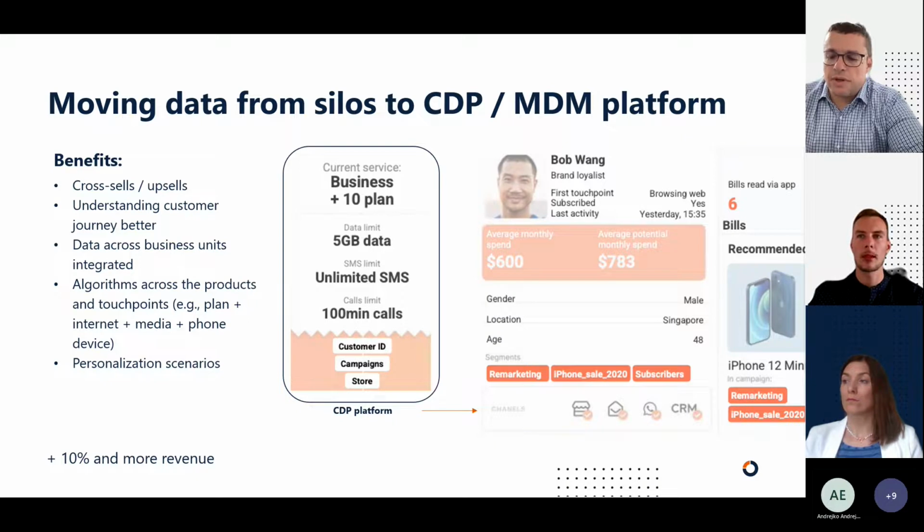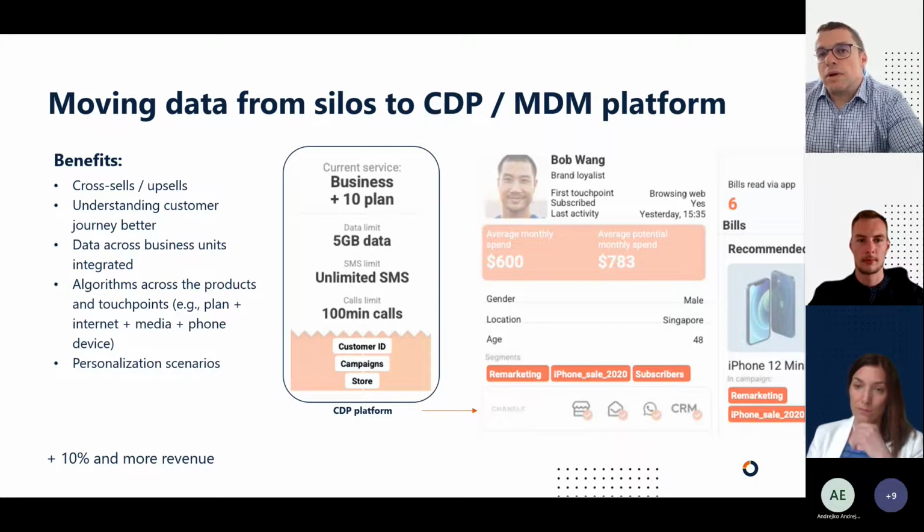One is for his private use, and the second one is for corporate usage. Generally, in the use cases we do in telco, the personalization scenarios help to improve the turnover by 10% or more of revenue.